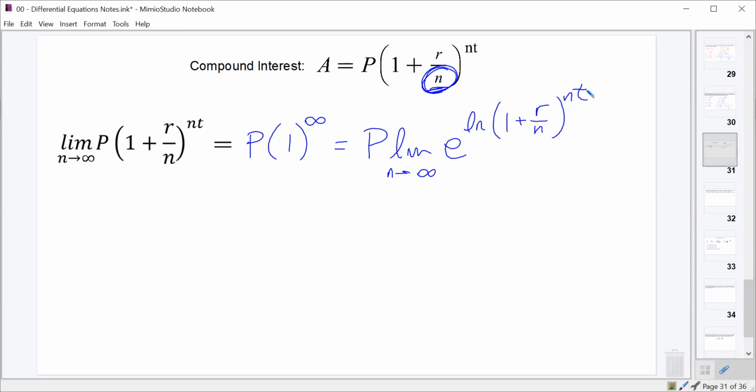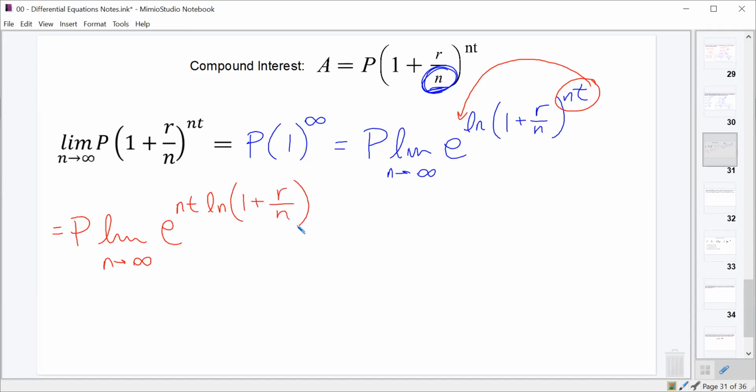And so now we've rewritten this in a form that's going to allow us to take this nt and pull it out in front of the natural log, and it doesn't actually affect what our limit is. So we end up with p times the limit as n approaches infinity of e to the nt natural log of 1 plus r over n.